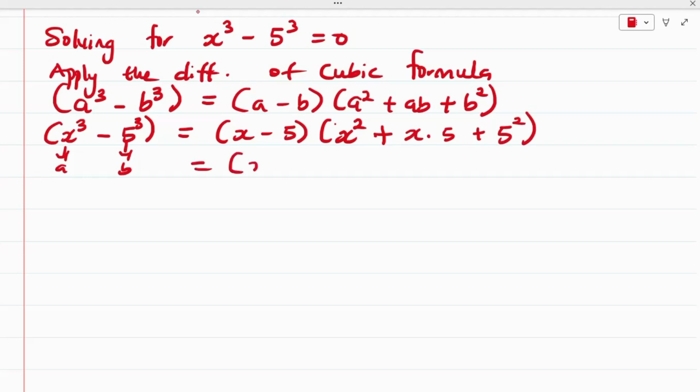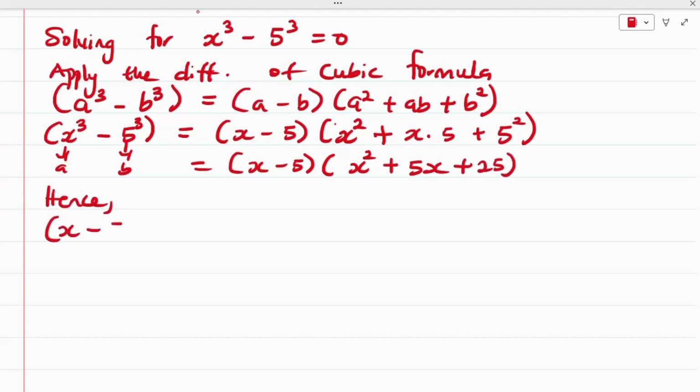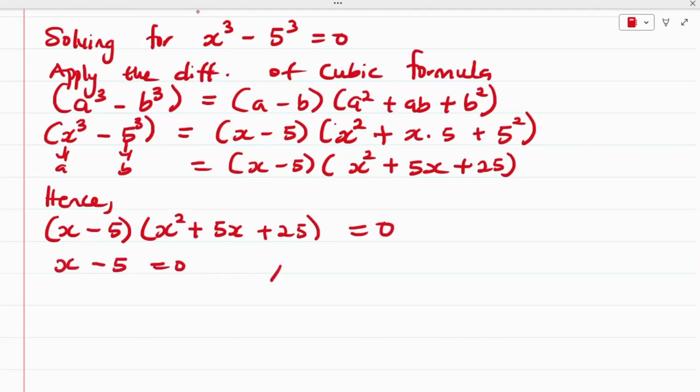This is equal to x minus 5 into x square plus 5x plus 25. So hence we have the expression x minus 5 into x square plus 5x plus 25, and this is all equal to 0. So we have x minus 5 is equal to 0, and x squared plus 5x plus 25 is equal to 0.